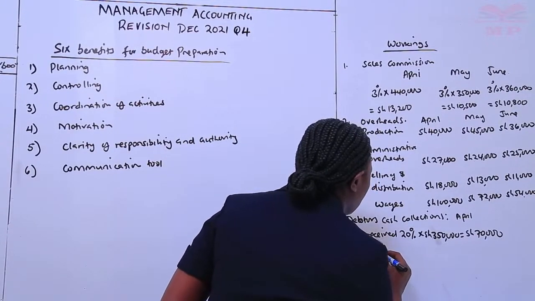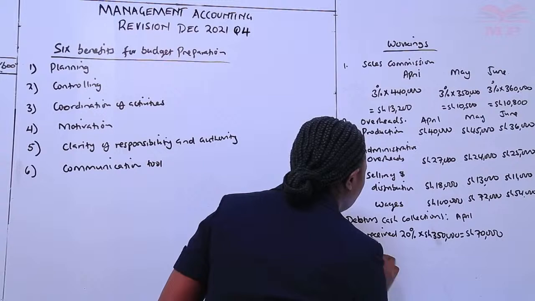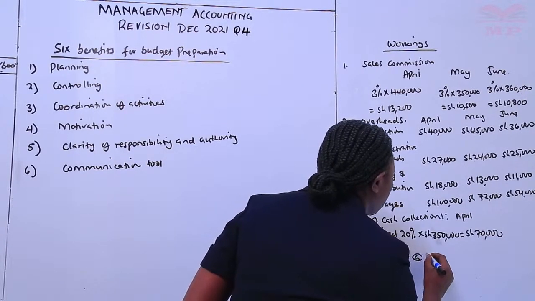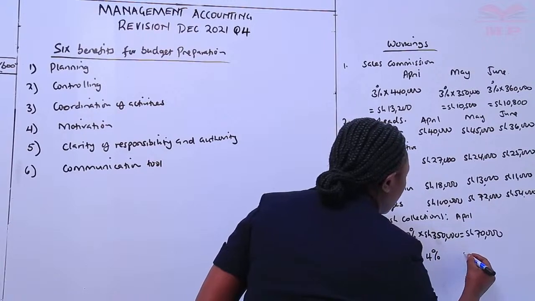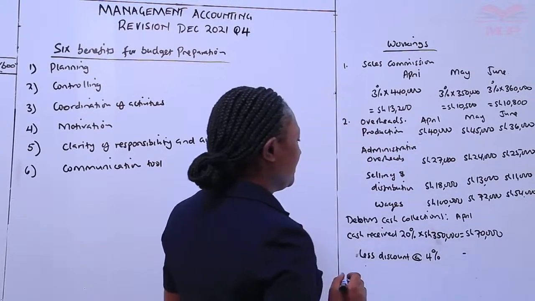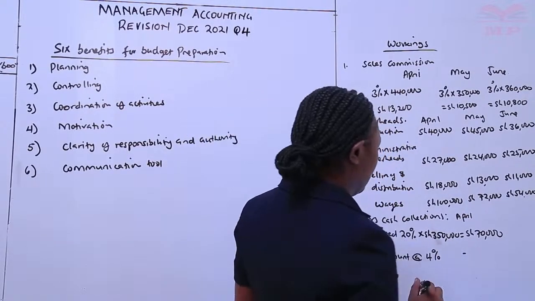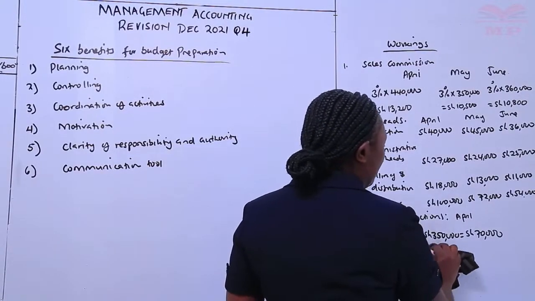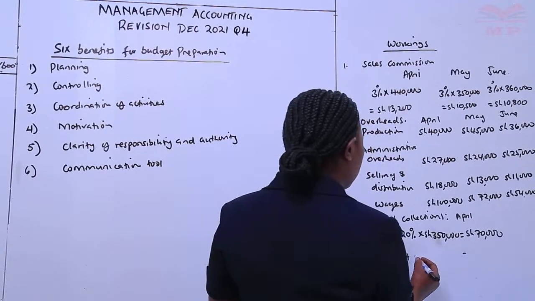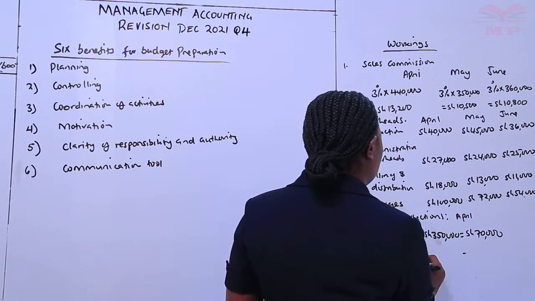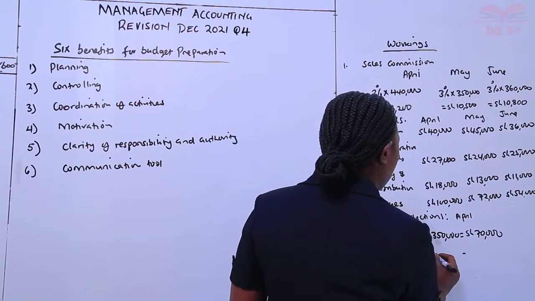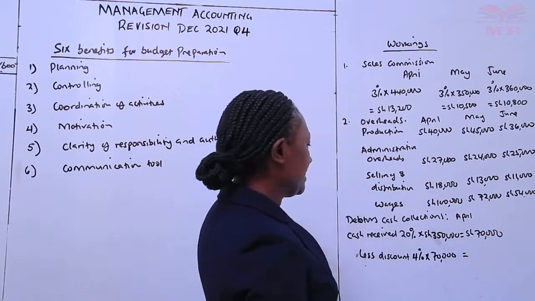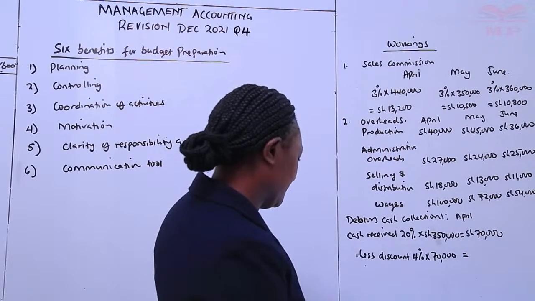So when the firm is allowing that discount, it will receive less cash than it would have received. Therefore, we less discount at 4%. Discount at 4% simply means 4% of 70,000. They were to pay 70,000, but because they are given a discount of 4%, they will not pay the whole amount.